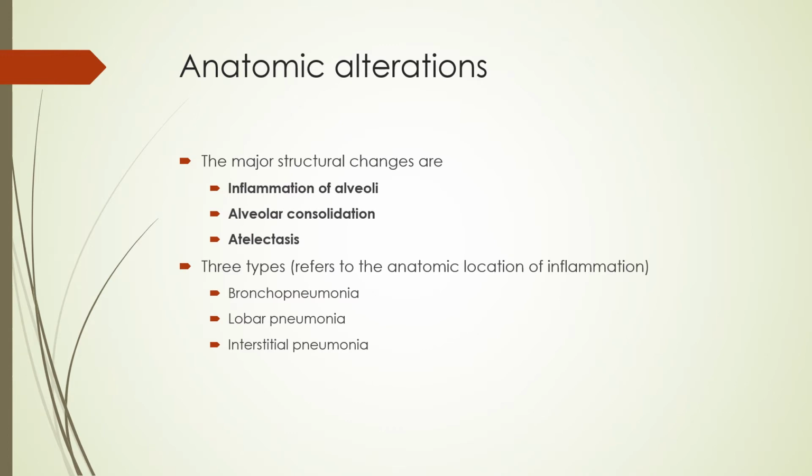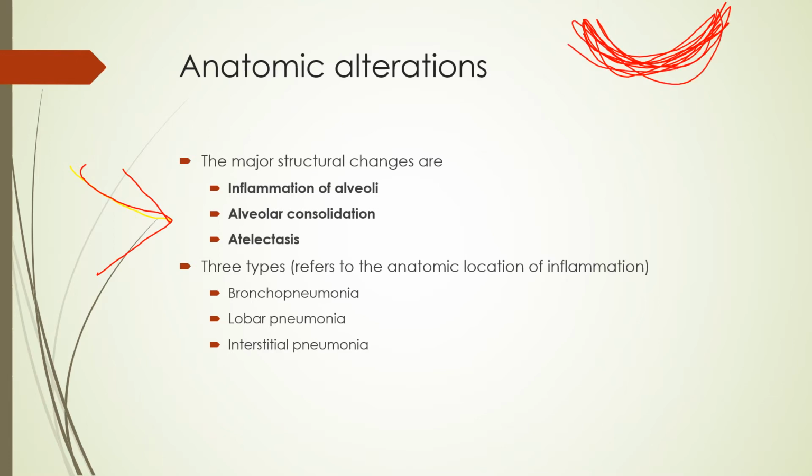Anatomic alterations that you see with this, there are 3 of them, so remember this for a future slide that you might see, like, hey, what were the 3 major anatomic alterations, right? That's what you're looking at here. You're going to have a massive inflammation of the alveoli, so it gets very, very thick, right?